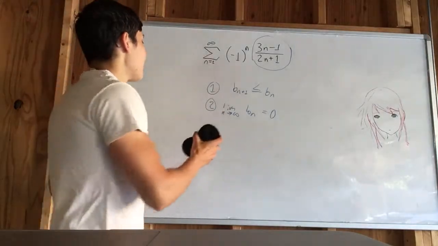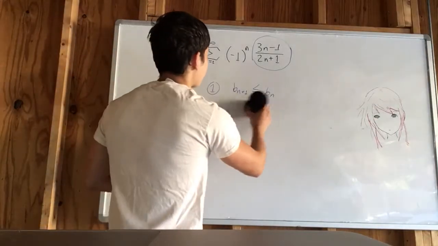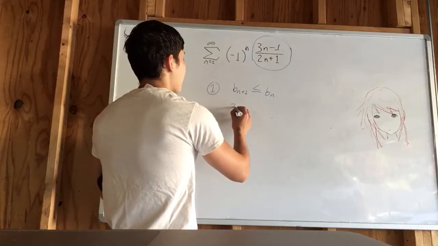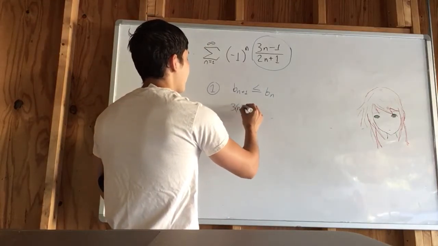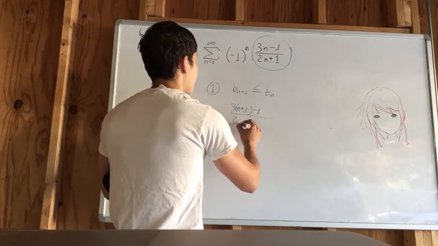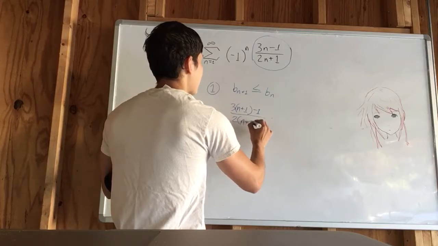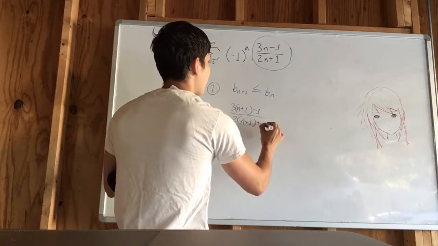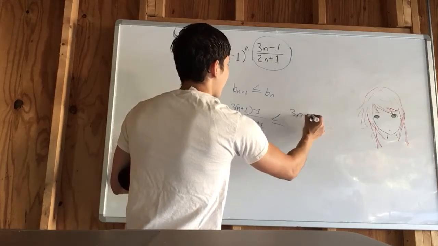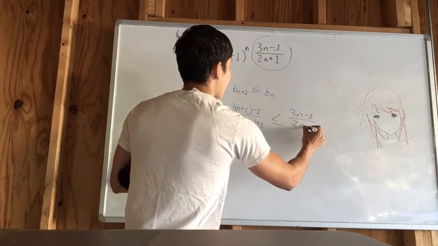So let's see if it meets our first condition. What is b sub n plus 1? That would be 3 times n plus 1 in parentheses minus 1, over 2 times n plus 1 plus 1. Is that less than or equal to our original b sub n, 3n minus 1 over 2n plus 1?